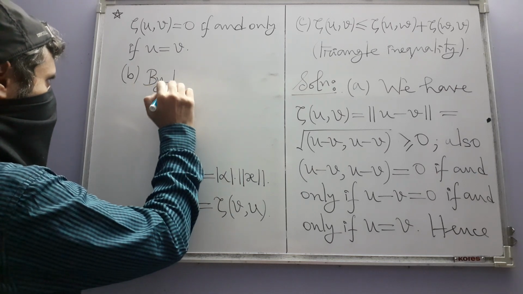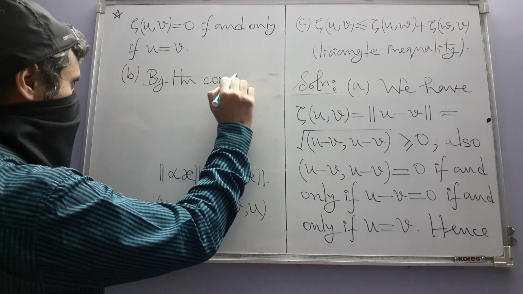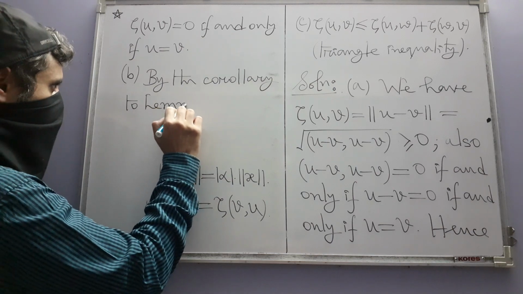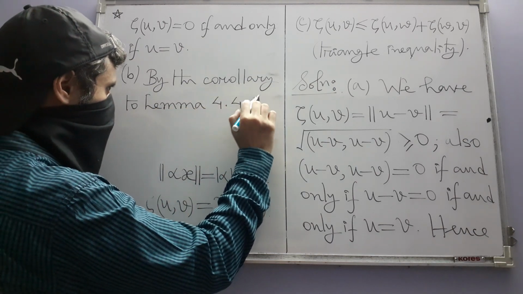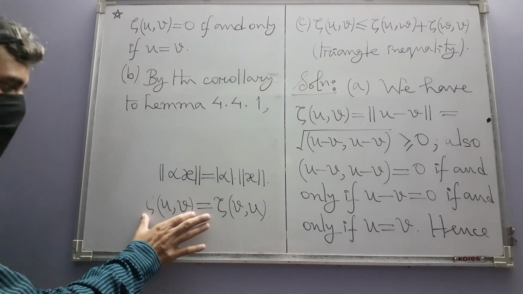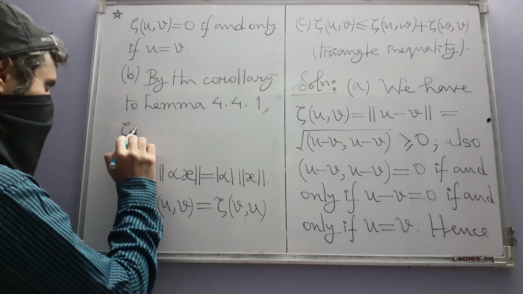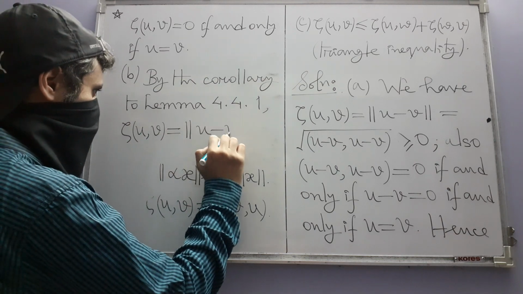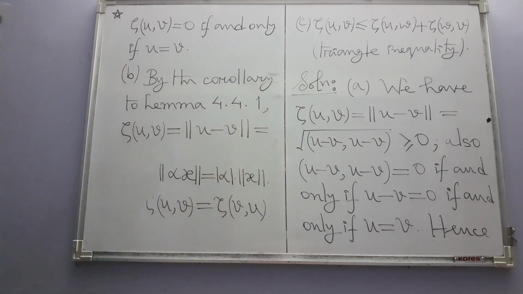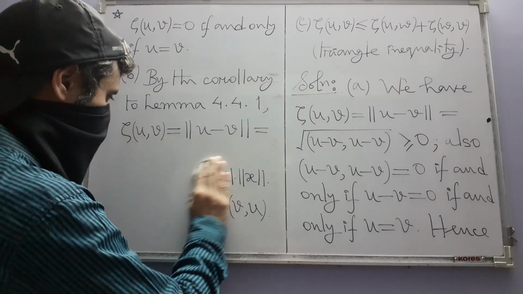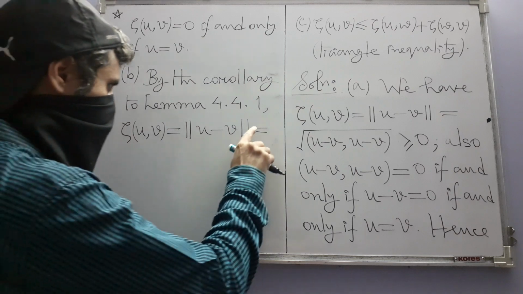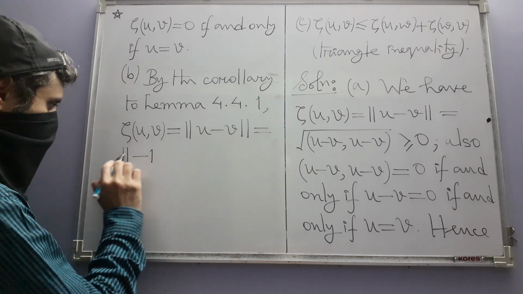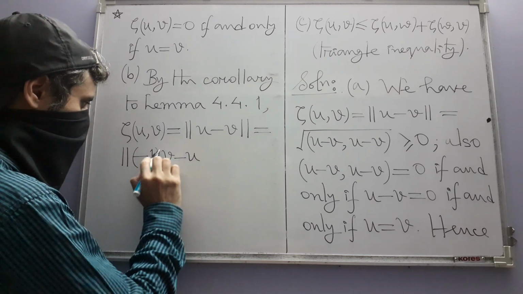By the corollary to lemma 441. So let's start with this. Zeta of u comma v is equal to, by definition, this. But now the vector u minus v can be written like this: minus 1 times v minus u.